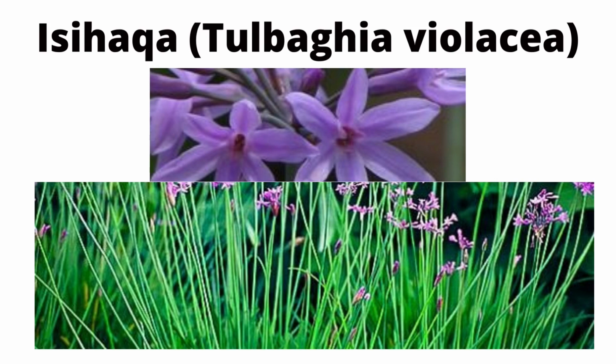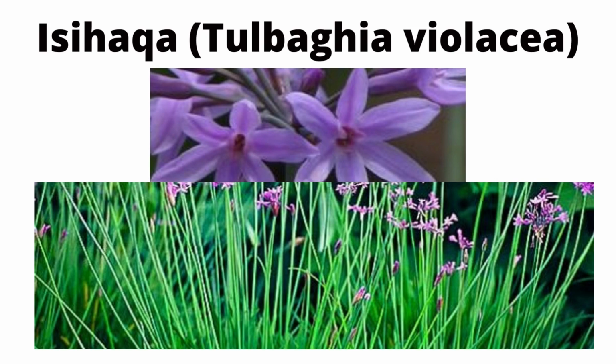And then the Isihaqa sold in Zimbabwe, which was the one that I bought and described in the video, is Cassia abbreviata.